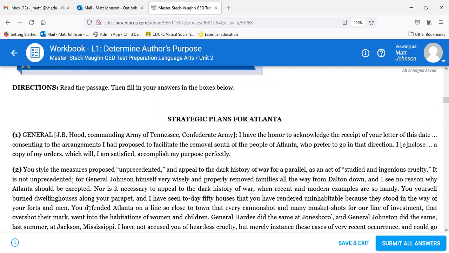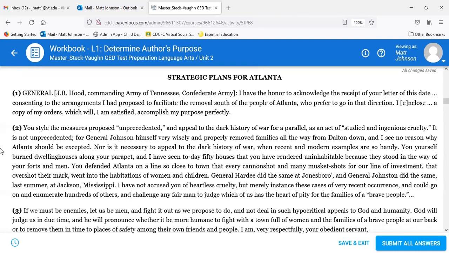General J.B. Hood, commanding Army of Tennessee, Confederate Army. I have the honor to acknowledge the receipt of your letter of this date, consenting to the arrangements I had proposed to facilitate the removal south of the people of Atlanta who prefer to go in that direction. I enclosed a copy of my orders, which will, I am satisfied, accomplish my purpose perfectly.